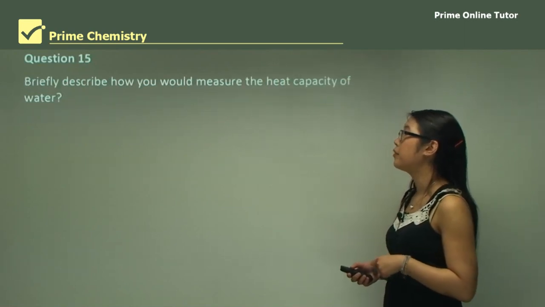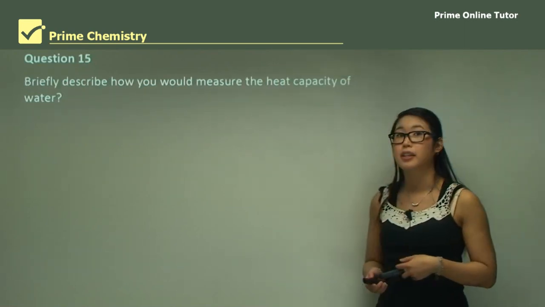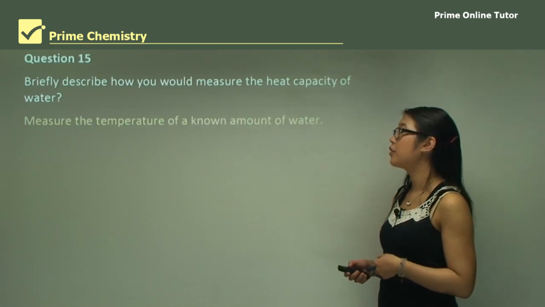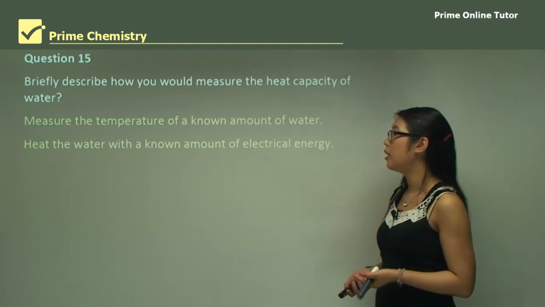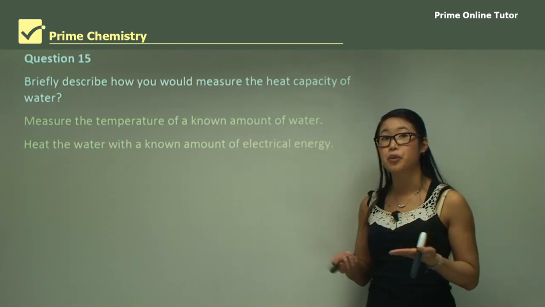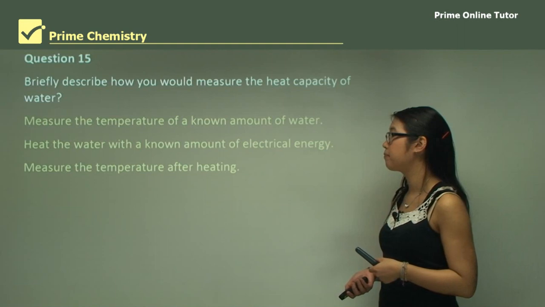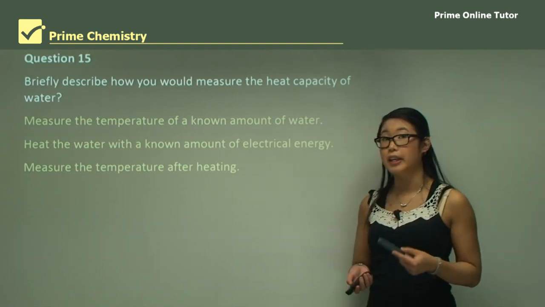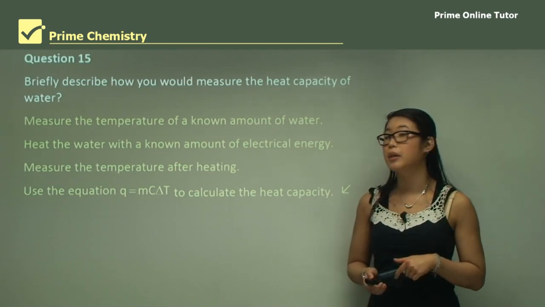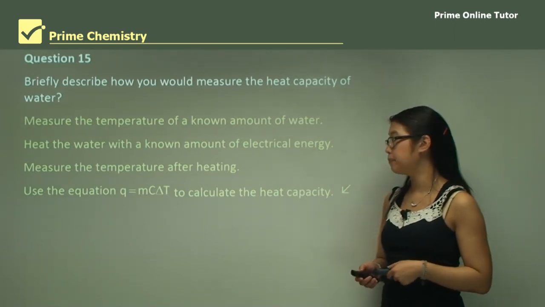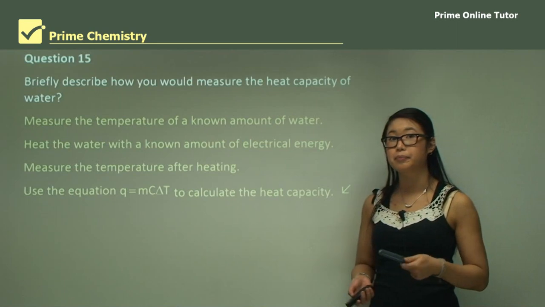Question 15, briefly describe how you would measure the heat capacity of water. Firstly, we'll measure the temperature of a known amount of water. We'll then heat the water with a known amount of electrical energy. We'll measure the temperature after heating it, and then we'll use the equation Q equals mc delta T to calculate the heat capacity.